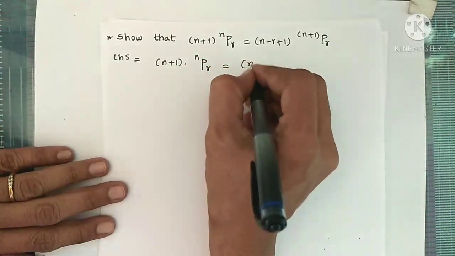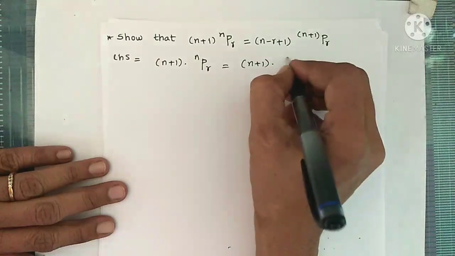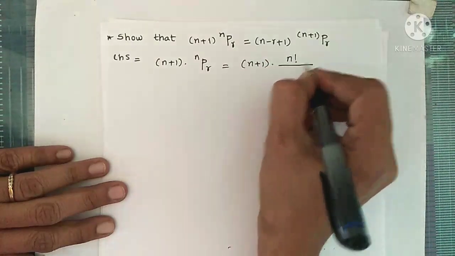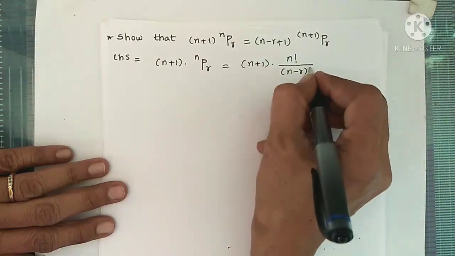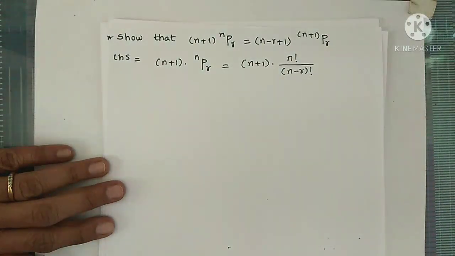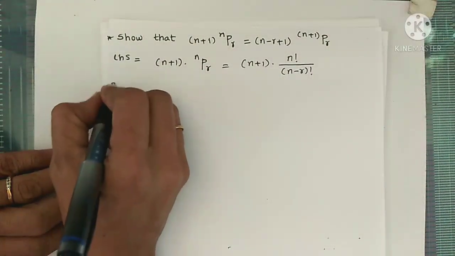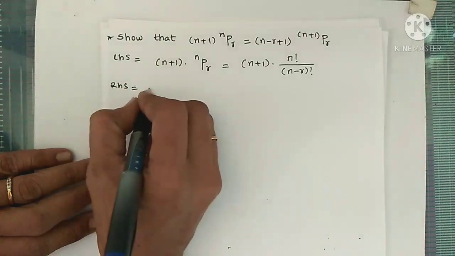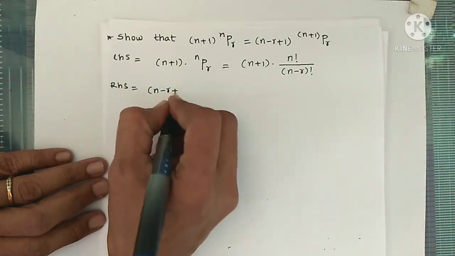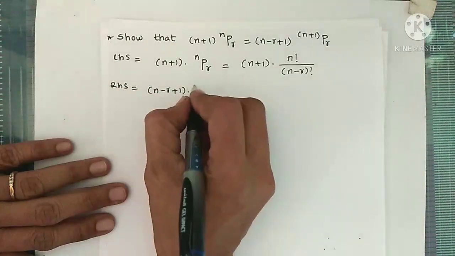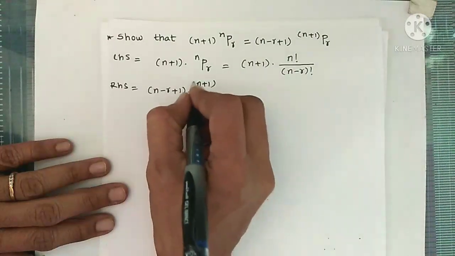So this is (N plus 1) into N factorial divided by (N minus R) factorial. Okay. Now for the right hand side, we have (N minus R plus 1), and here it is (N plus 1)PR.